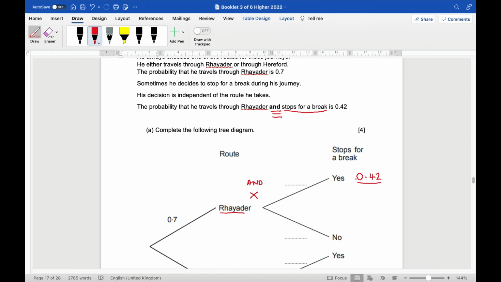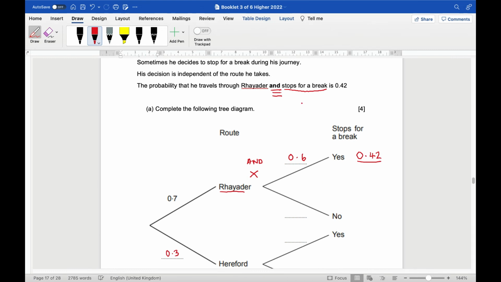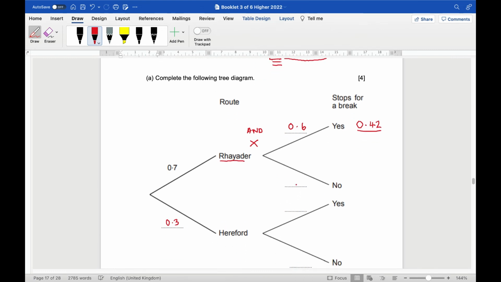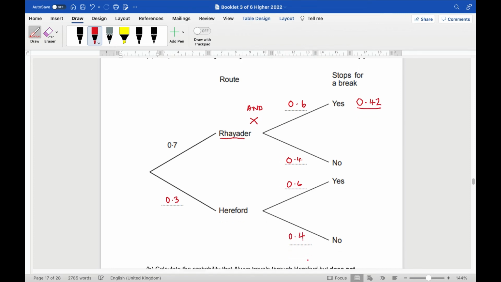Okay, you almost have to work backwards and divide that by 0.7 to realise, well, actually, it's 0.7 times 0.6, which will give me that. And so it's a slight variation. Watch out for that word and, because what they've told you there is an answer to work backwards. Okay, if that's 0.6 though, that's 0.4, and the same down here. And then my part B, I need to read what combo are they interested in.